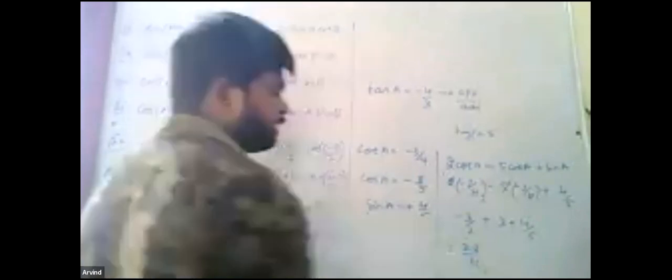So 2 ones are 2, 2 twos are 4, so we get minus 3 by 2. 5 gets cancelled. Minus into minus is plus 3, plus 4 by 5. So if you take LCM, you will end up with 23 by 10.